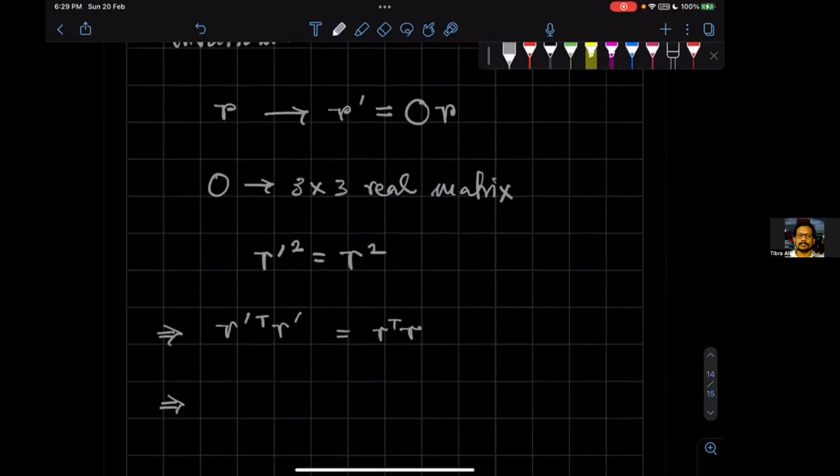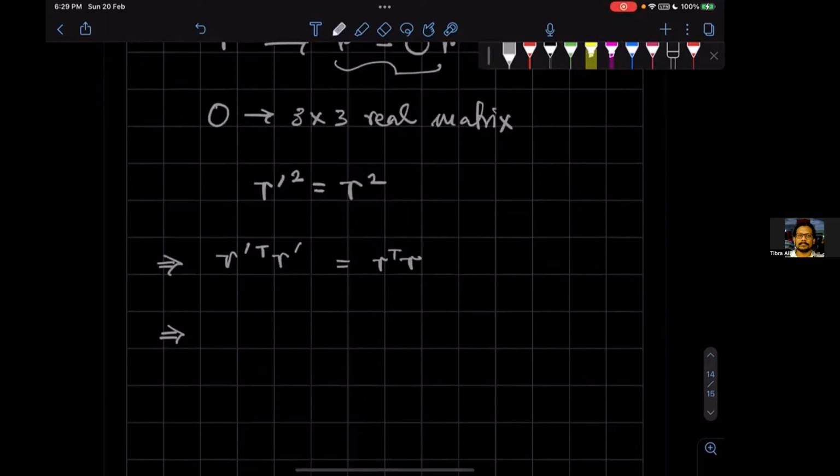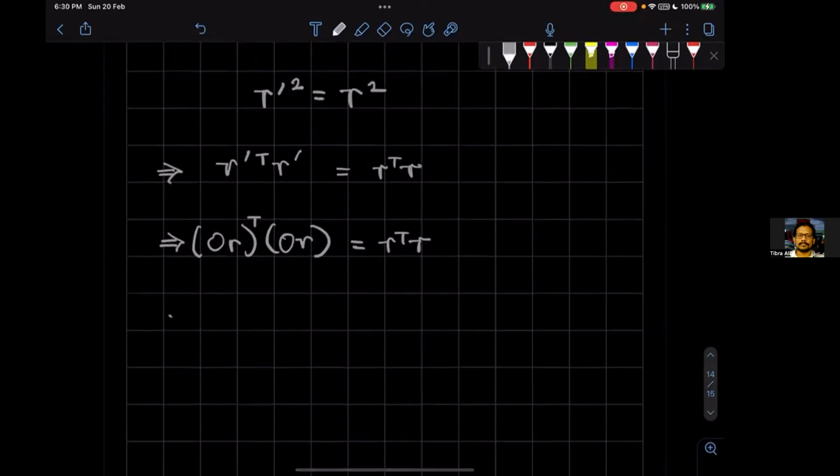Using this equation, on the left-hand side I get (OR) transpose (OR), which is equal to R transpose R. Now, when we transpose a product of two matrices, what happens?